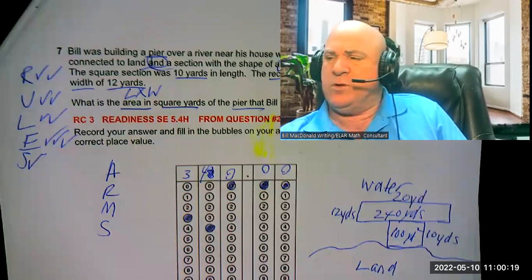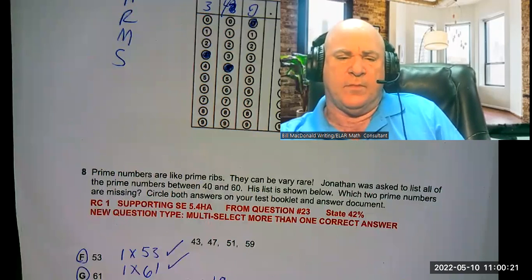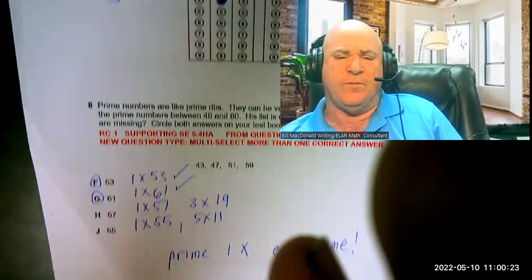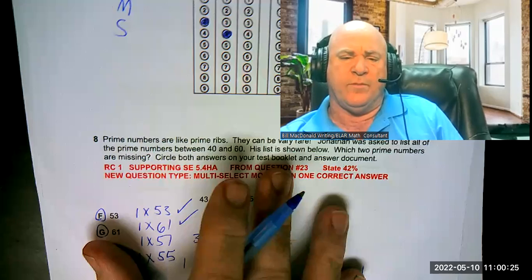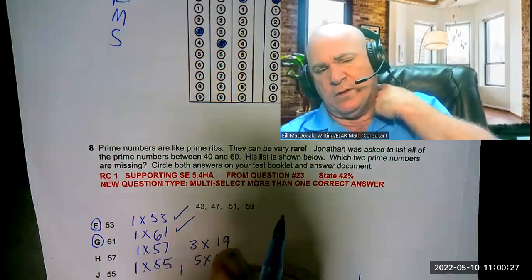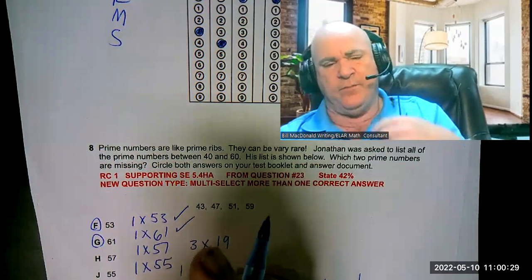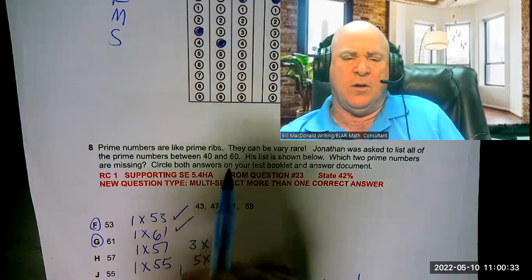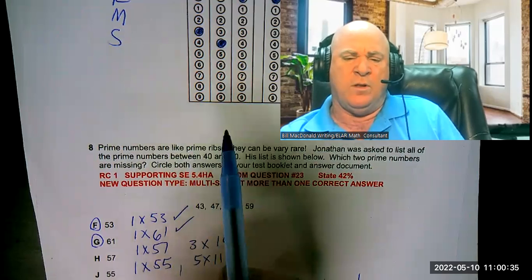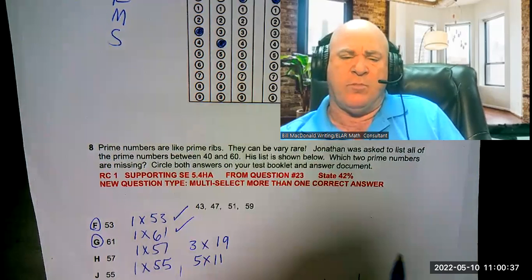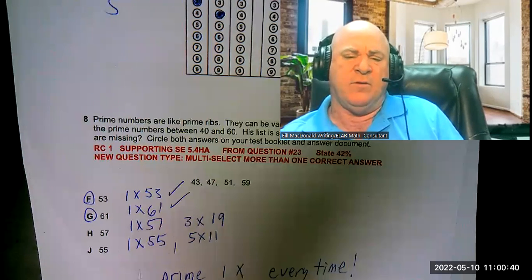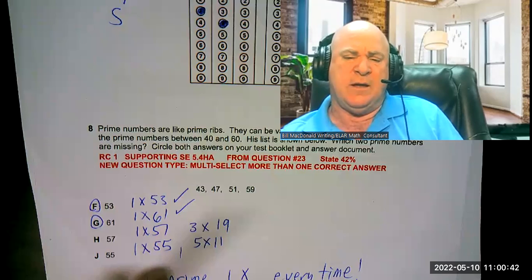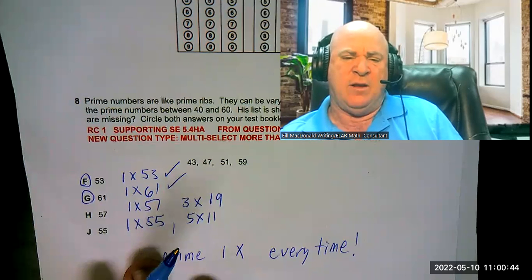This next one has to do with prime numbers. So if you watch a little bit later, I'll work on prime numbers with you. And one thing to help your students remember on prime is think of prime one time every time.